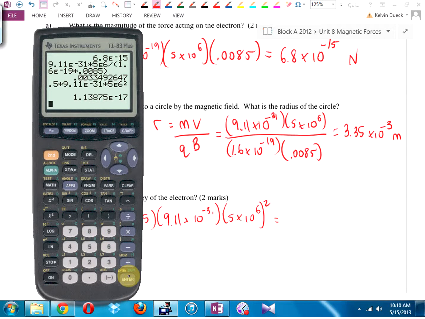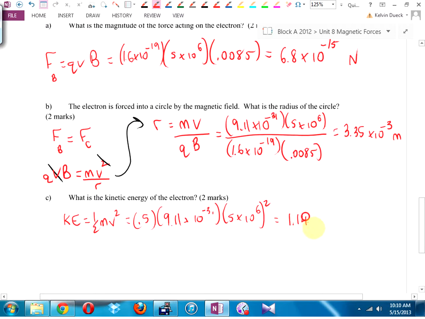Do you get 1.14 times 10 to the negative 17? Joules. Why I made that 2 marks, I don't know, but apparently I was in a 2-mark binge.